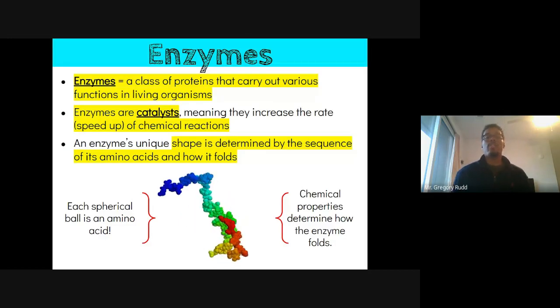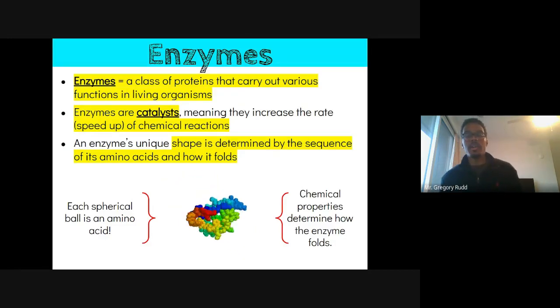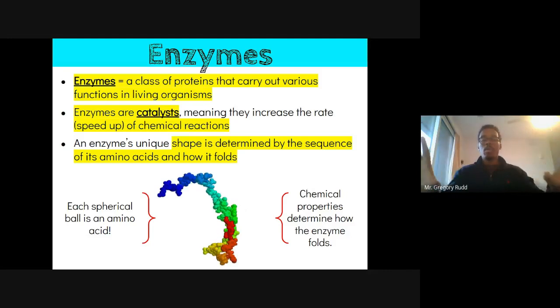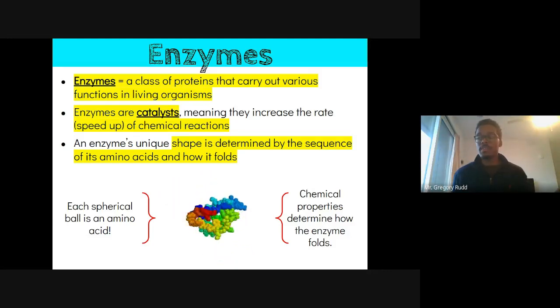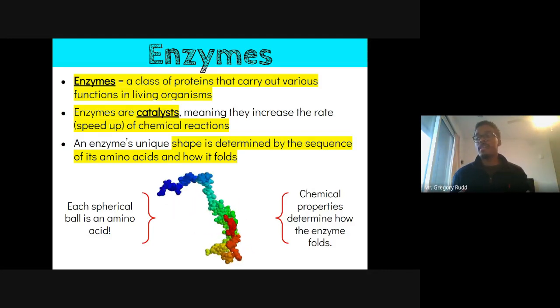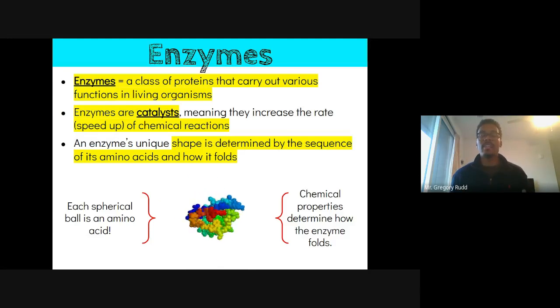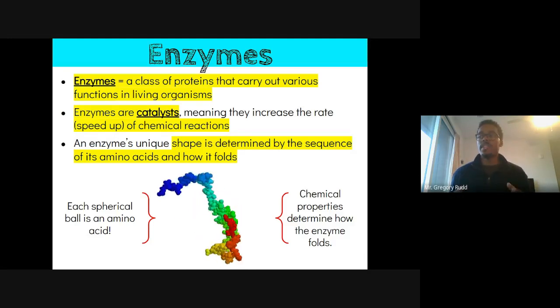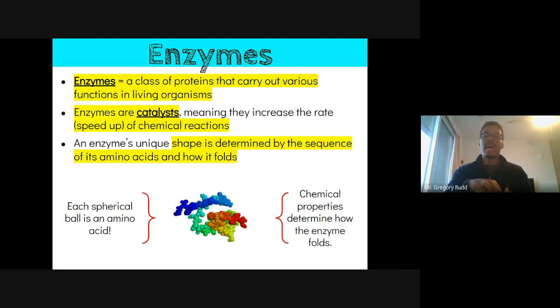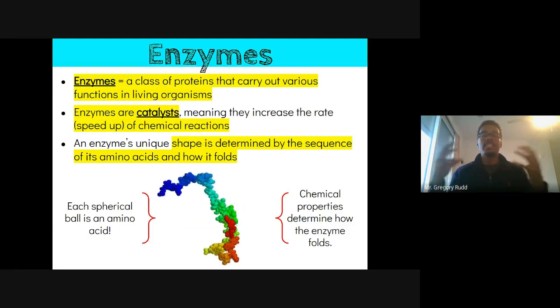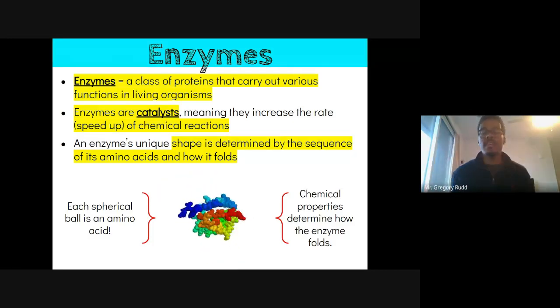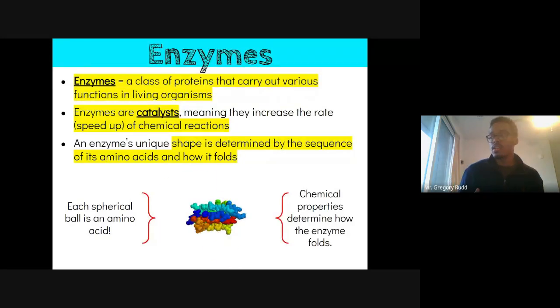So I talked about it yesterday, but some amino acids like water. So that means that they want to face outwards so that they can be exposed to water. Some amino acids hate water. In fact, they cannot tolerate being around water. That means that they need to be put on the inside of the enzyme to be insulated, such that they never come into contact with water.